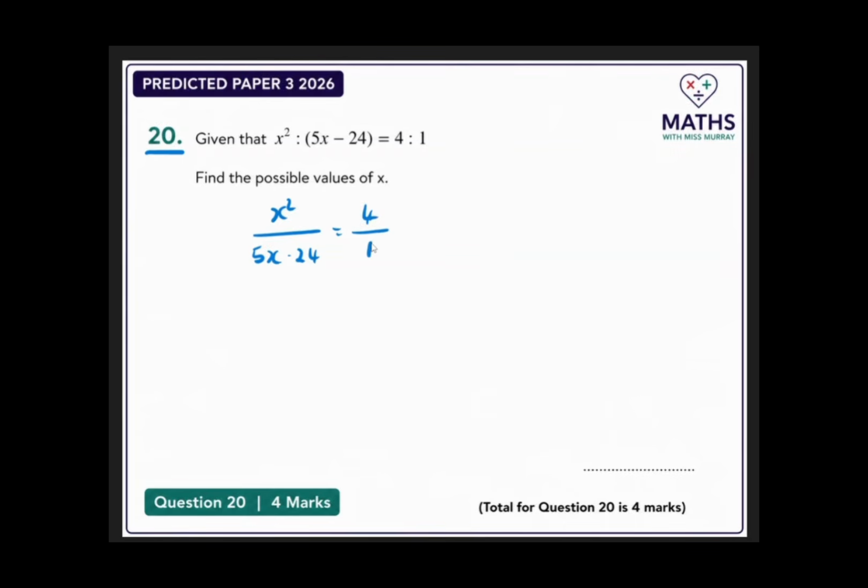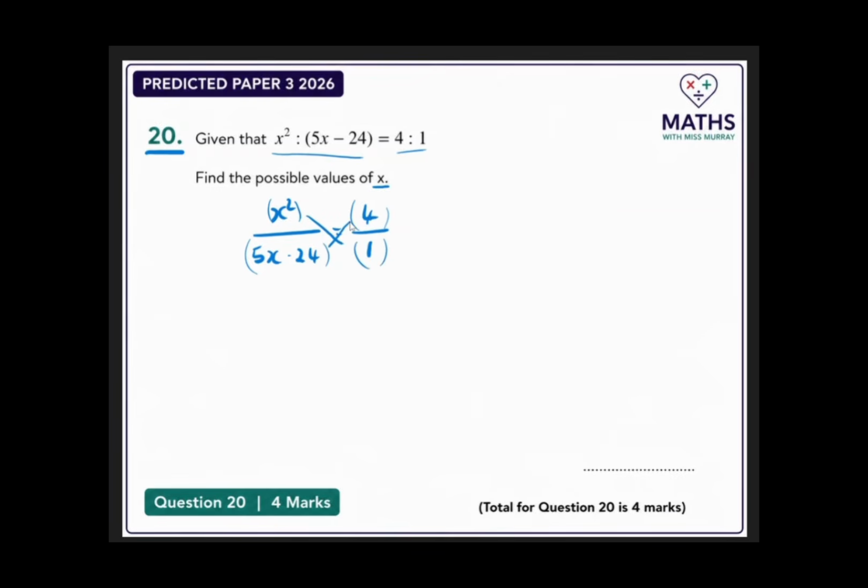Okay, nice trick there. If you've got 2 equivalent ratios like this, you can write them as fractions and equate them to each other. And that's going to help us answer this question and find the possible values of x. So we've seen this already in my walkthrough, if you've looked at some of the other questions. Because you've got fractions here and you're solving, you can just cross multiply.